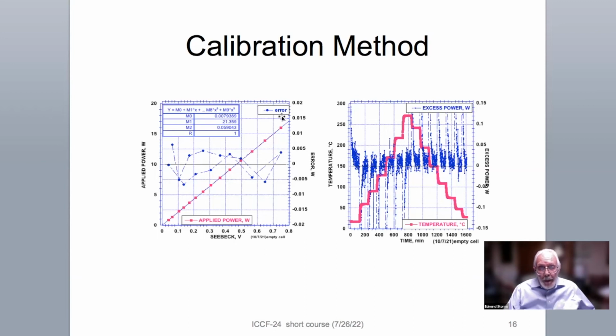If the difference between the measured value and the calculated value based upon the equation is now plotted, you get these points. And notice that these points all lie within 5 milliwatts of zero. That's the random error that is characteristic of my calorimeter. And that random error is independent of the amount of power up to 30 watts.